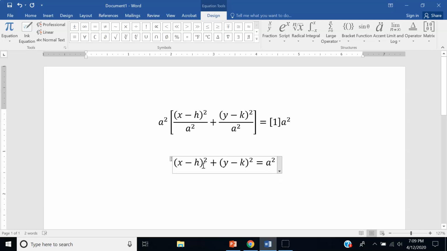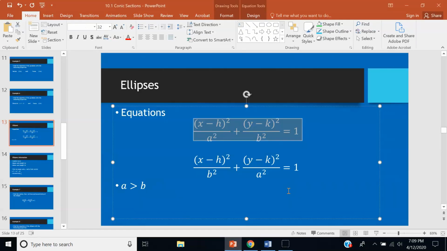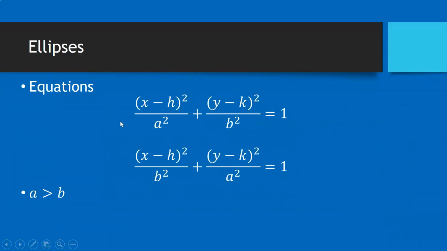And if you notice, this is the exact equation we had for a circle, although we had our letter a as the letter r for radius. So if a and b were the same, then this would be a circle. So we're really only concerned with ellipses, what we call true ellipses, where the a and the b are different. That's why we have a greater than b here.